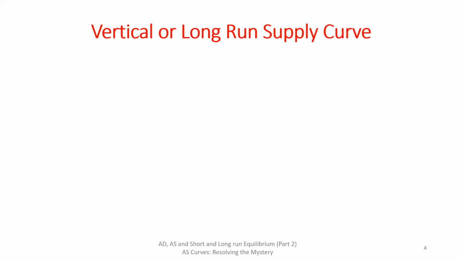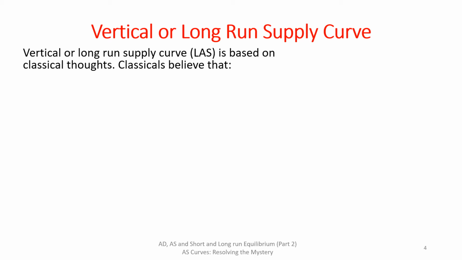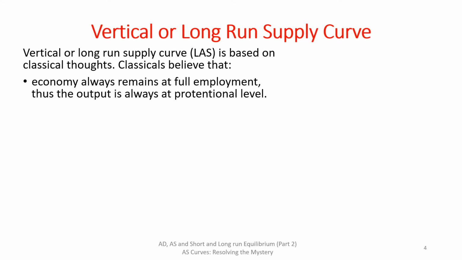First of all, the vertical or long run aggregate supply curve. This supply curve is based on classical thoughts. The classical economists believe that economy always remains at full employment. Thus, the output is always at potential level.